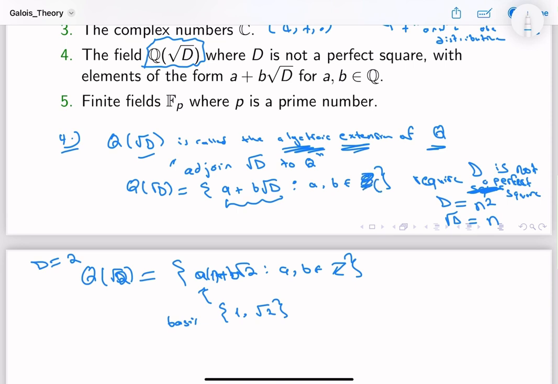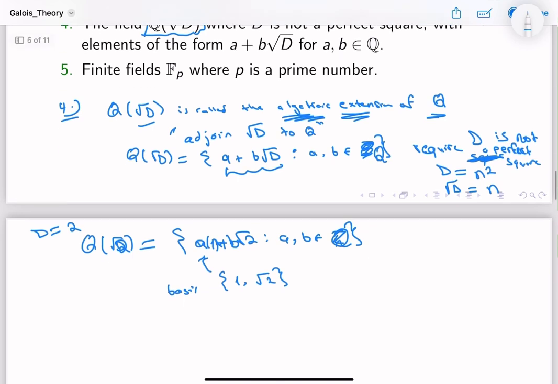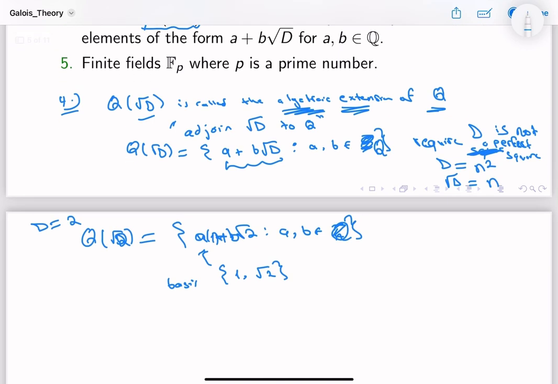Excuse me, this is in Q, it's not in Z. Because we're talking about the rational numbers here, we're adjoining to the rational numbers. One important thing here is that we had a basis that is just 1, and now we're taking the basis that is 1 and square root of 2.